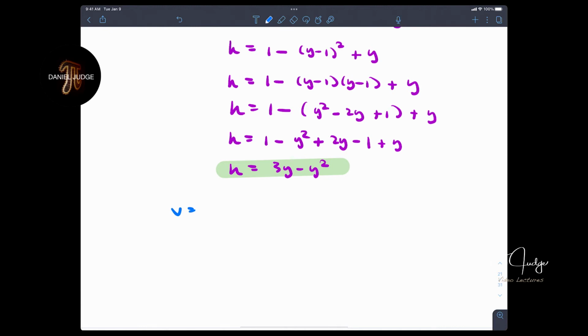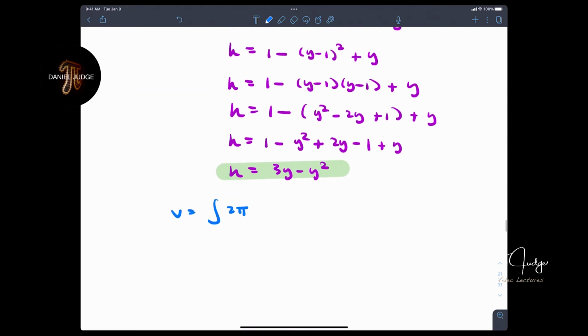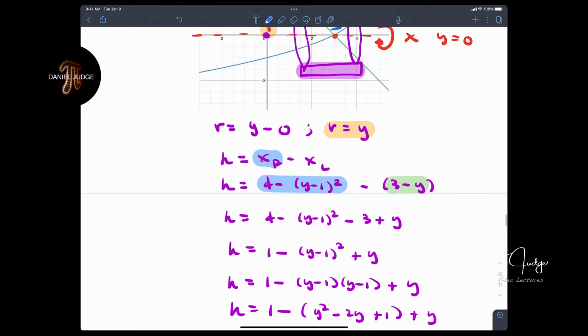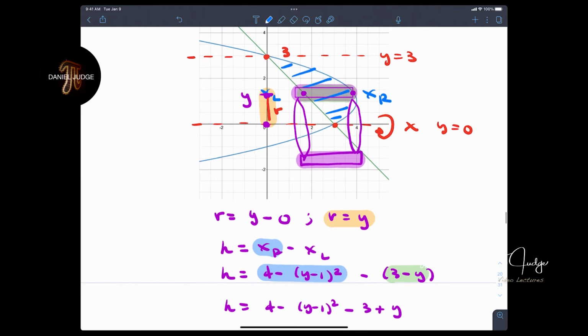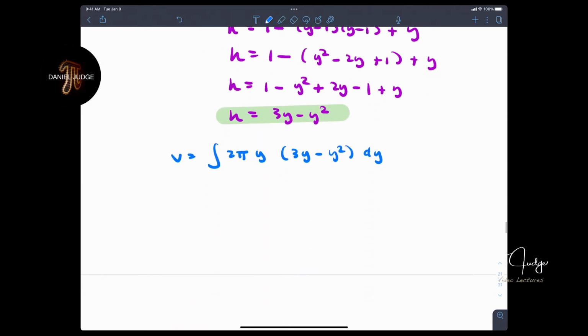Volume. 2 pi r, we've seen r is going to be y, right? Up there. So this is y. H, ultimately 3y minus y squared dy. And that's going to be from 0. Your y value goes from 0 to 3. So it's a 0 to 3 integral here.